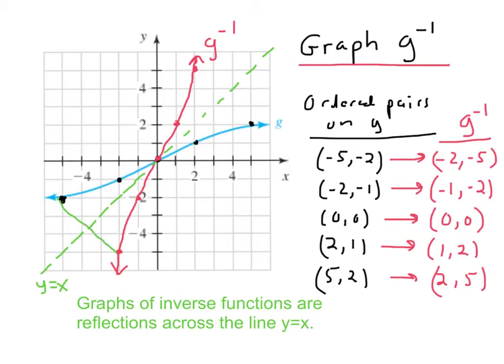And the same thing would happen here with this point. And the origin doesn't move because it's right on that line. And then this point, and then this point. So each one of those points just gets reflected straight across that line y equals x when you interchange the x and y.